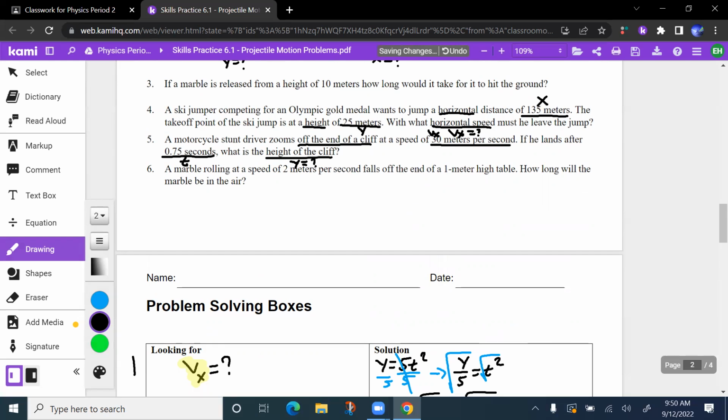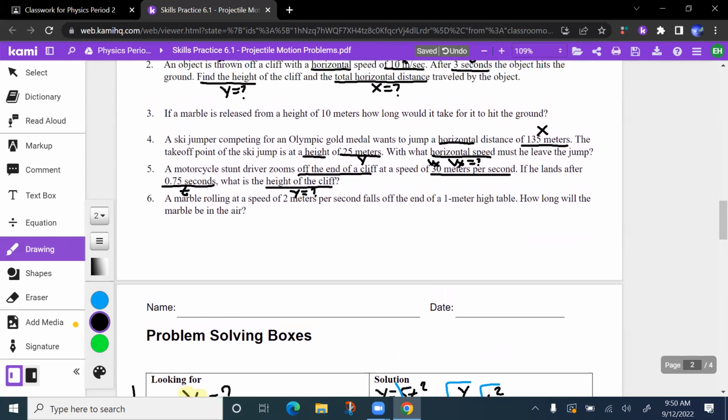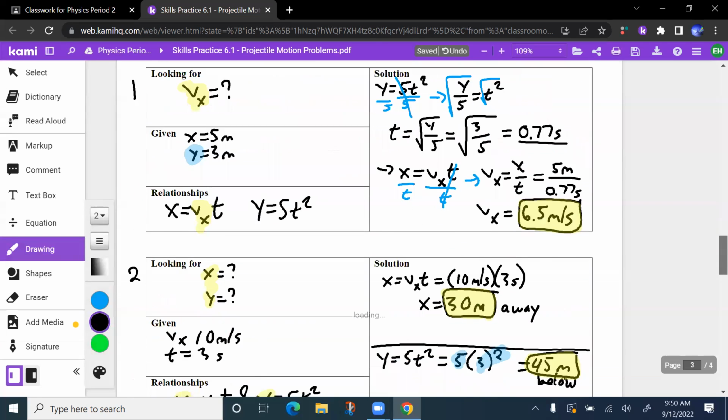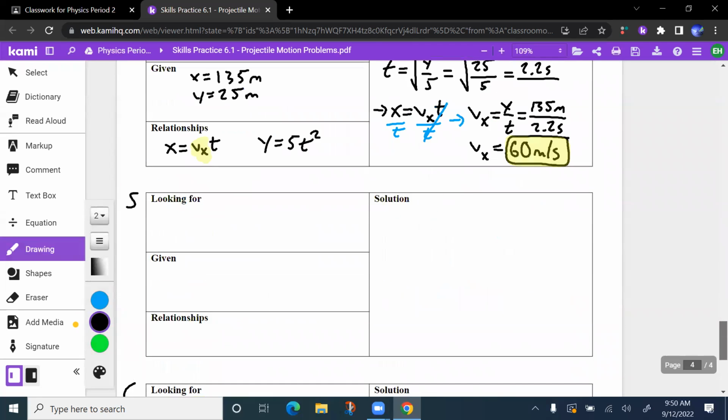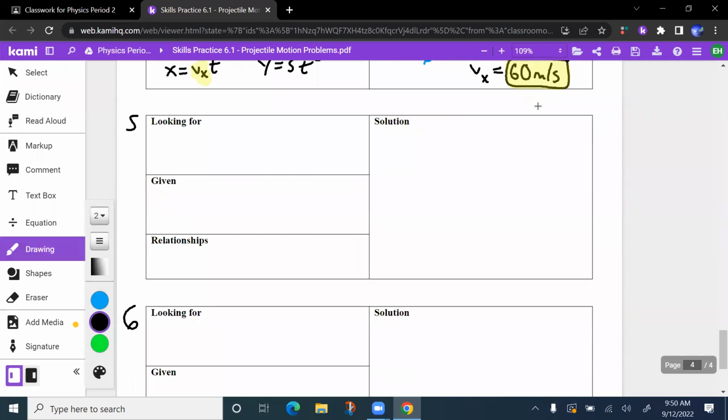Okay, so we're given 30 meters per second and 0.75 seconds. So Vx is 30 meters per second. Time is 0.75 seconds.